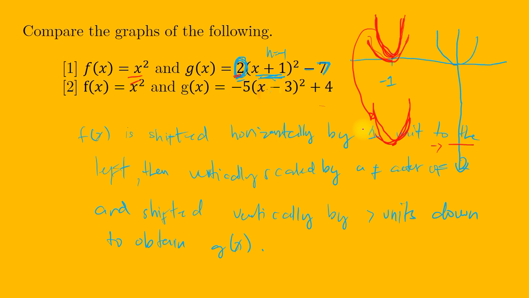After it is being scaled by a factor of 5, it is being reflected along the x-axis because of negative 5. Then after that, it is being moved up by 4, or vertically shifted by 4 units. So let's try to figure that out.